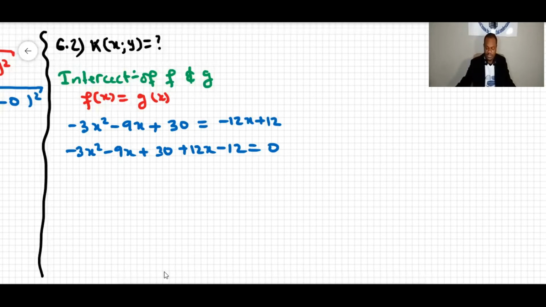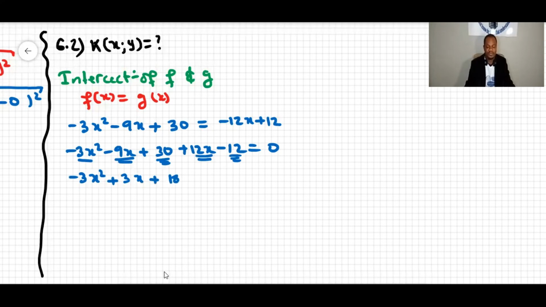In terms of x squared, there's only one, so I'm going to write negative 3x squared. Now the terms with x, there are two here. That would make positive 3x, and the constant terms 30 and negative 12 make a positive 18, equal to 0.